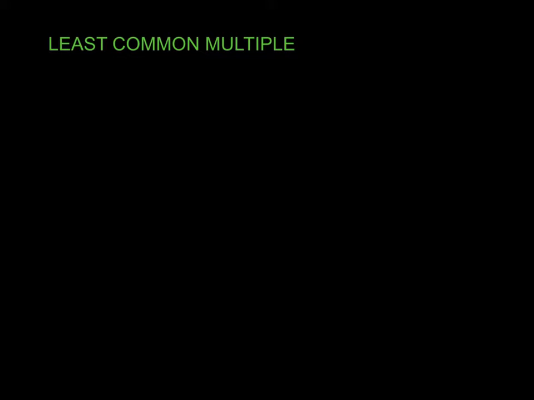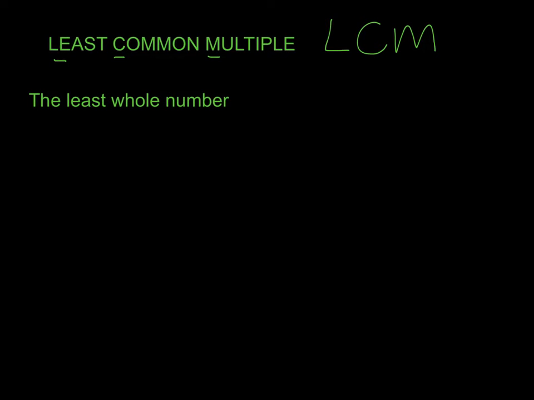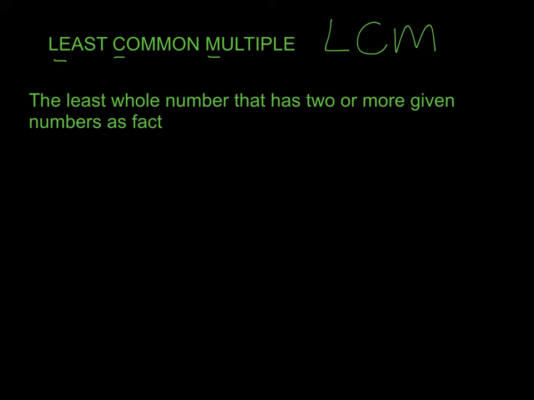So the least common multiple, or the LCM, is the least whole number, or the lowest whole number, that has two or more given numbers as factors.